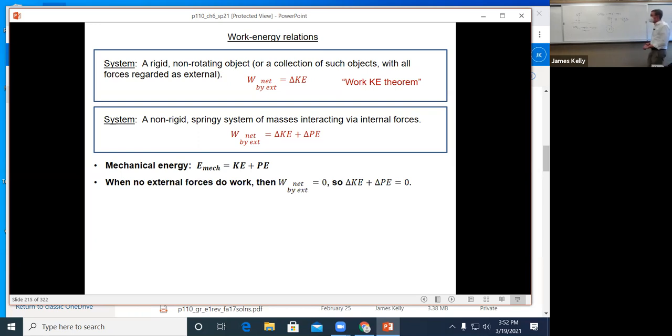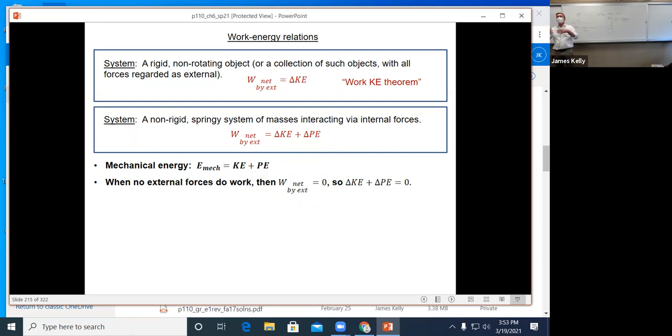I think Giancoli does that in the book, so you might see that, and we'll use that terminology a little bit later on. Now, we just said in this formula, our new version of the work energy theorem, that the net work done by only external forces is the change in kinetic energy plus potential energy of the system. We're going to find a lot of cases where, if we define our system right, sometimes we just throw everything into the system.